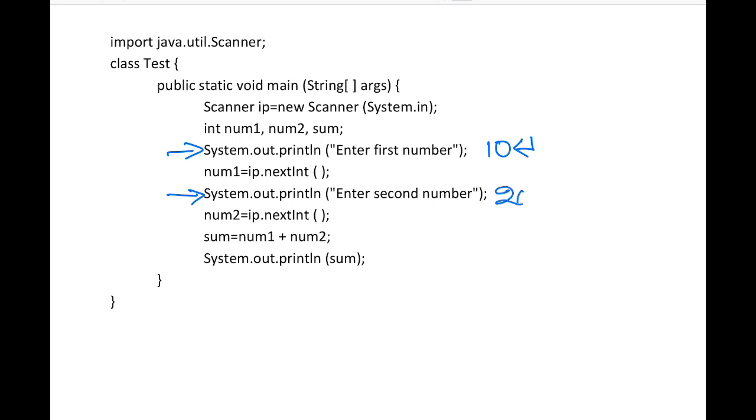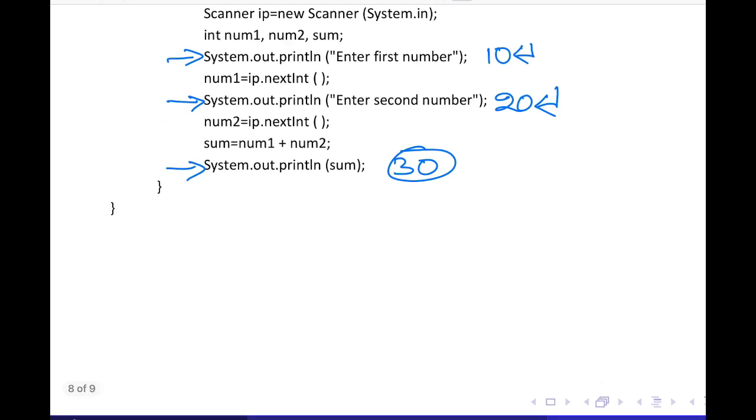So we can give 20 and enter. Now the third System.out.println statement is going to print the value of sum, that is equal to 30. So 30 is going to be displayed on the screen. So the output is like this.